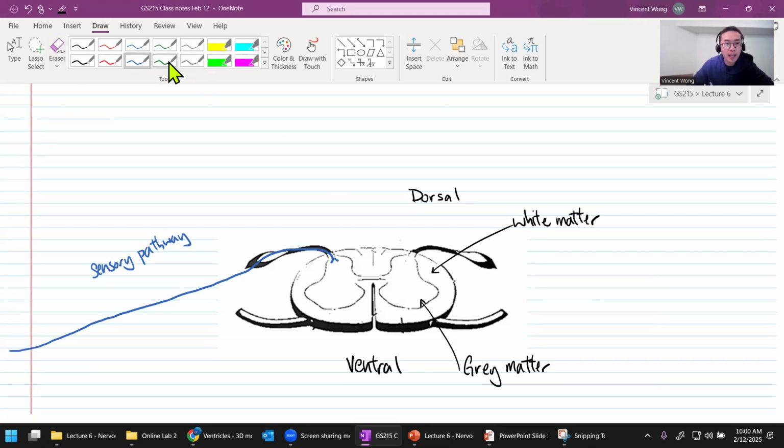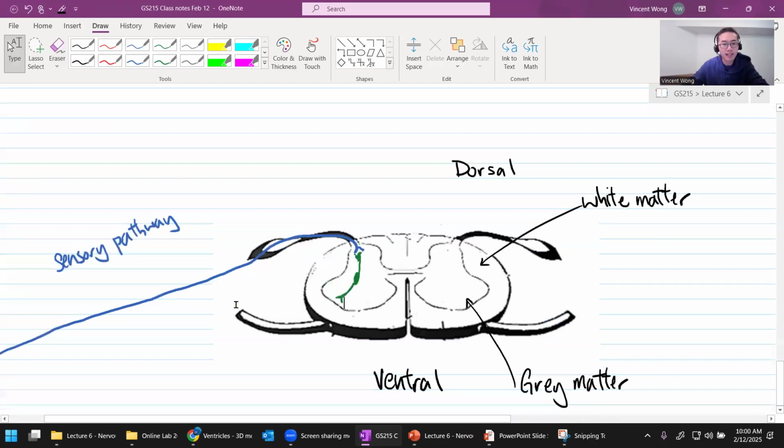Within the gray matter, that's where you will find another type of neuron. Does anybody remember the name of that neuron? It's only found inside the CNS, and it's responsible for processing the information for you, deciding what to do with that information.